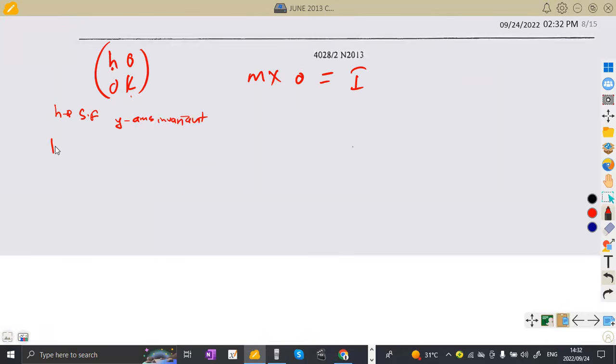This K that we see here is our stretch factor when the x-axis is invariant. So by having the value of H, I am having the value that corresponds in this case.